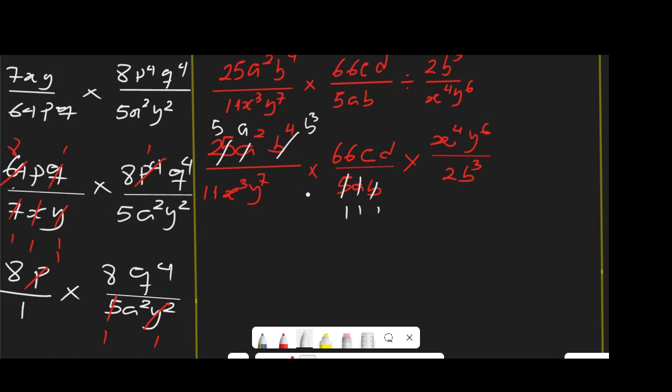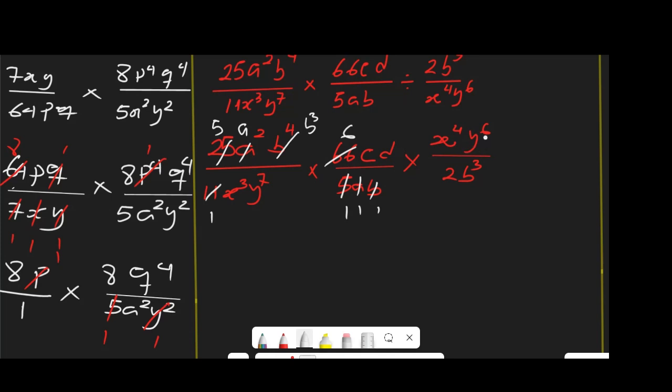Let's move to the other side. We have 11 here. 11 goes into 11 one time, and goes into 66 six times. Which one again? We have y exponent 6 and y exponent 7. You have to use the one with the smallest exponent to cancel the one with the larger exponent.